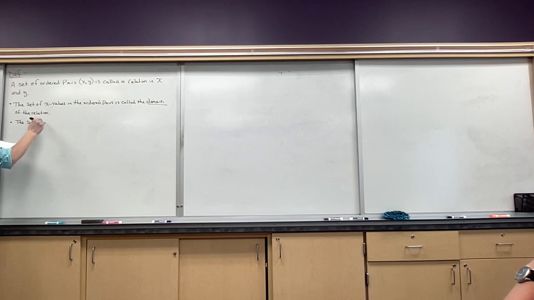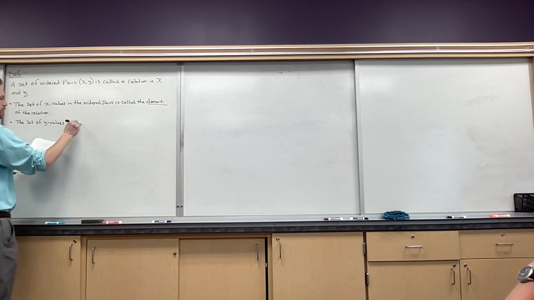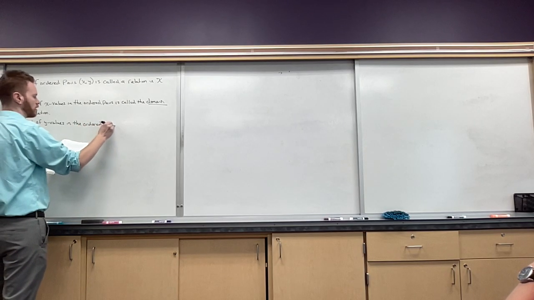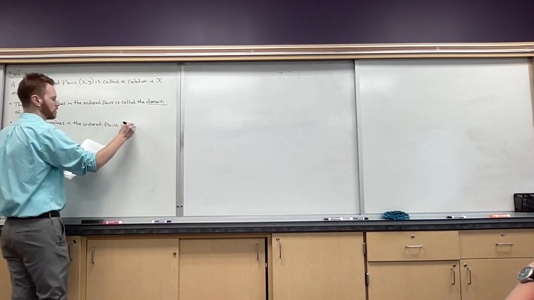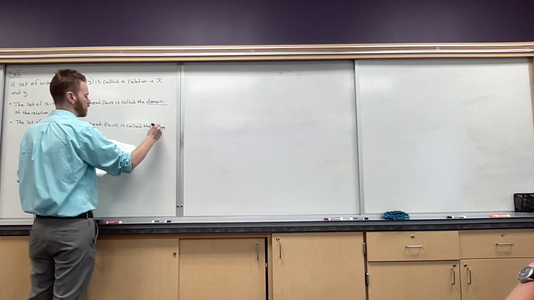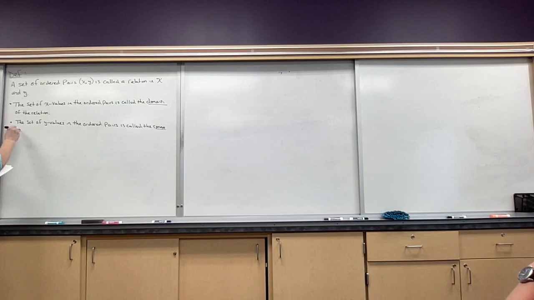The set of y values in the ordered pairs is called the range of the relation. Okay? Again, just common knowledge that we know in the past, just rewriting it.